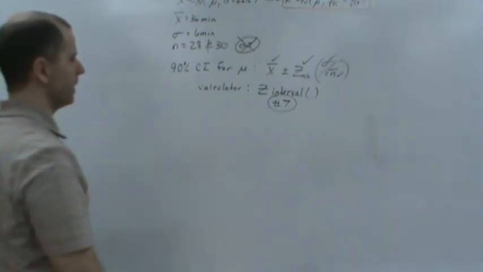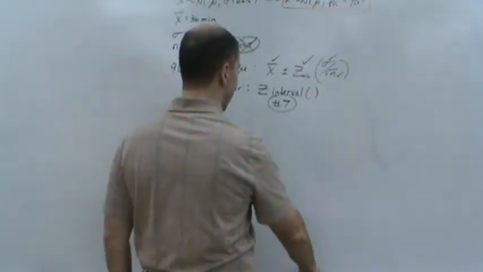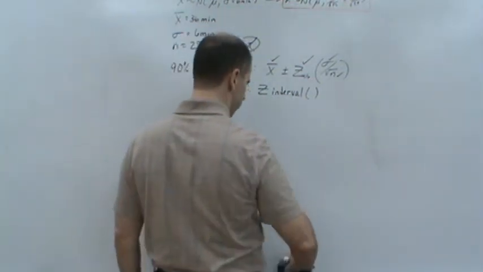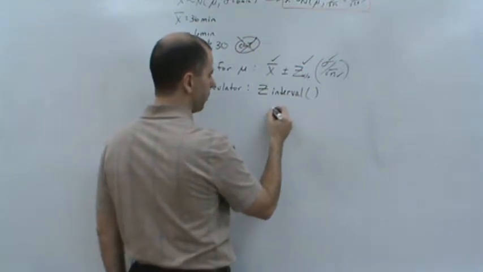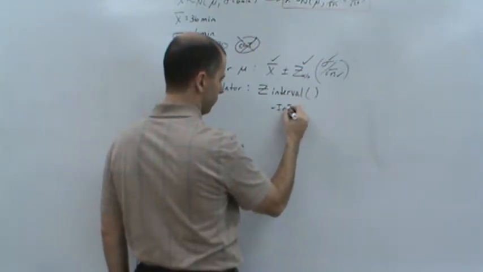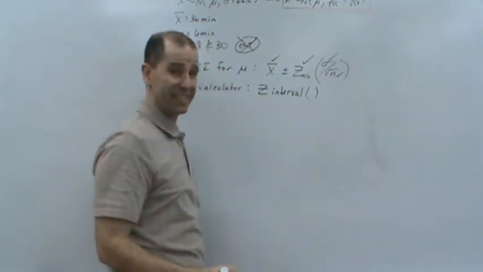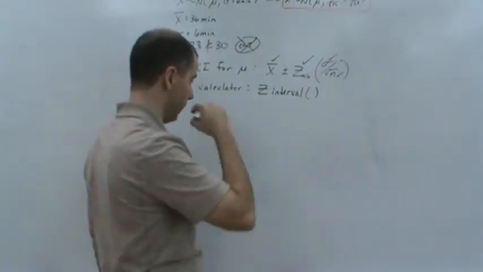So now, how does the Z interval work? Well, the Z interval gives you an option. So the first option is you have to pick what you're inputting. Are you inputting statistics or are you inputting data into the function?